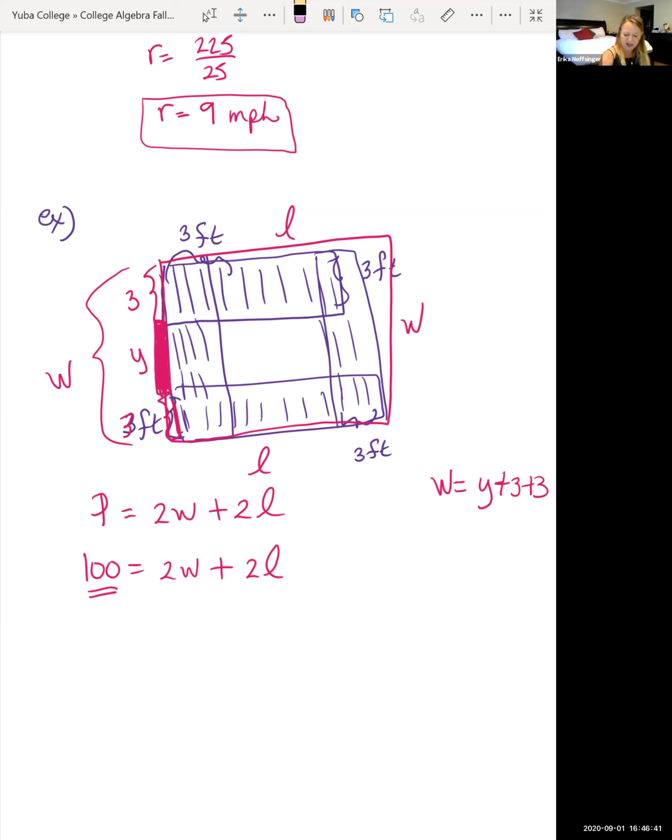Same kind of idea that we can do with L. If we call this piece right here x, we know this is 3 feet and this is 3 feet. So L is equal to x plus 3 plus 3.